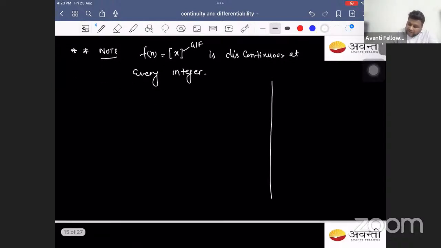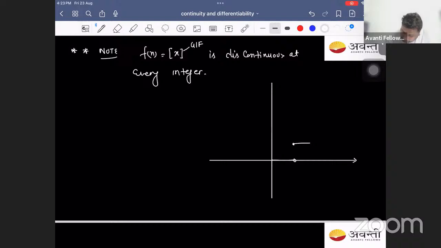And you are very well aware, we have also made this graph earlier. The graph of greatest integer x is something like this. Do you guys remember this? And you see, at every integral point, the graph is getting discontinuous. So f(x) equals greatest integer x is discontinuous at every integer. All right.